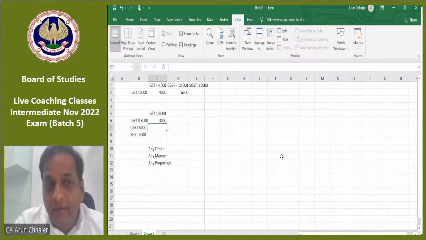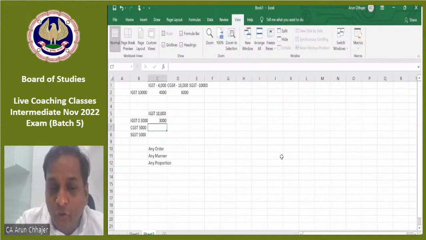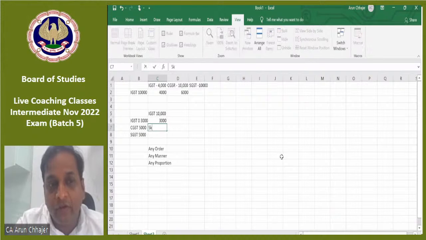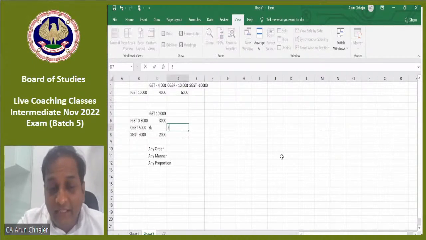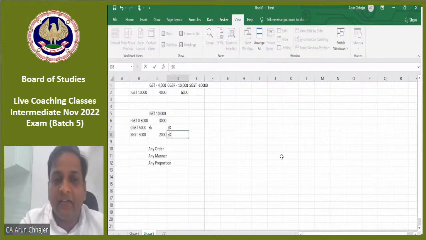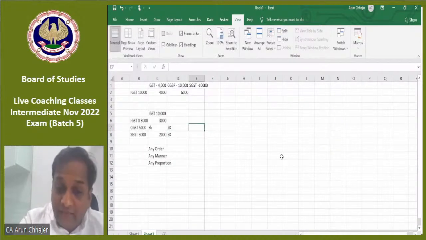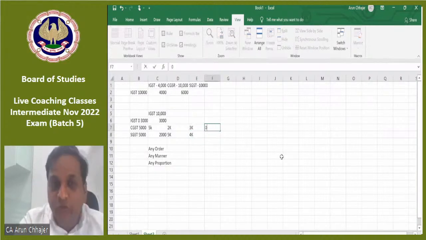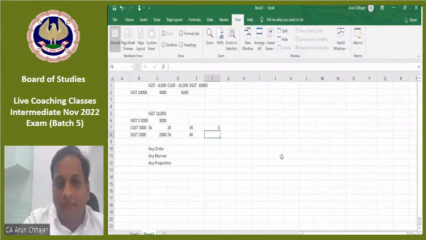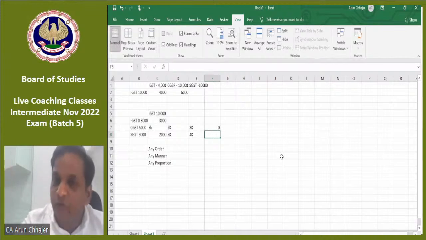It means they can think to give 5 to C and 2 to S. They can think 2,000 here, 5,000 here, 3,000 here, 4,000 here. They can give nothing to C and everything to S if they want, or nothing to S and everything to C.